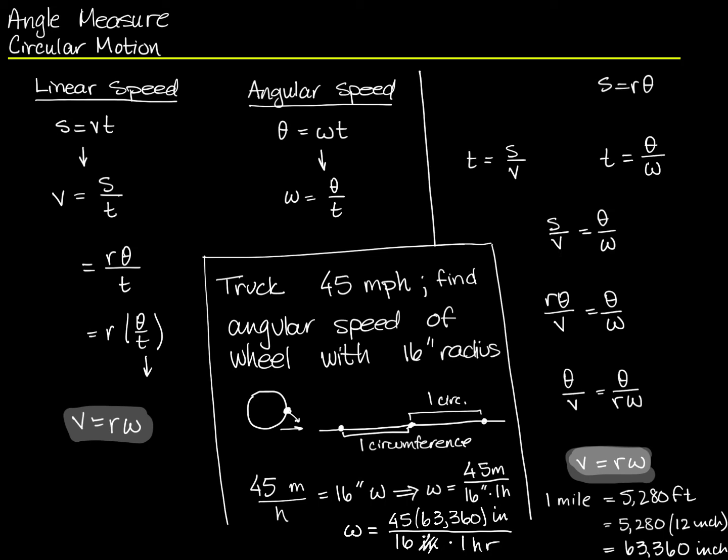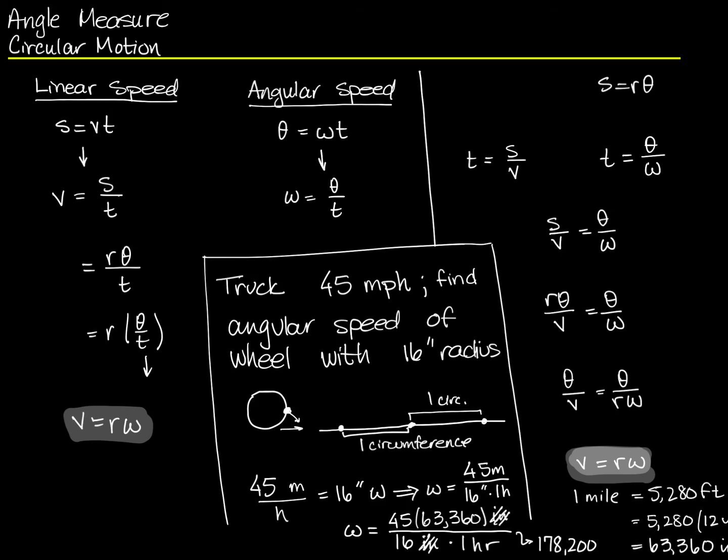Now the inches cancel, and the rest of this arithmetic gives me 178,200 per hour. I'm running out of room. It's just so typical of me. I can move these over a little bit more. There we go. Okay, so 178,200 per hour.